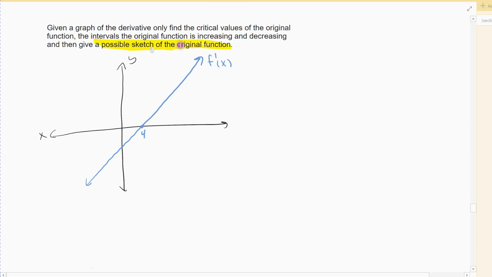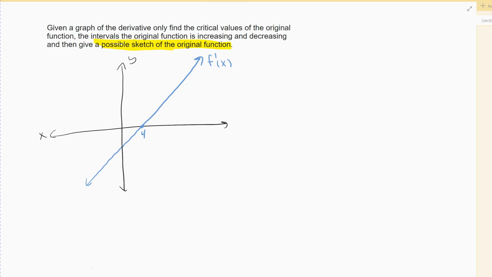My sketches here might be a little different than the ones in the completed notes, on purpose. You need to have the right shape, but there are infinitely many possible original functions, and they should have the same basic shapes. Where they're located on the graph is where the possibilities come into play.